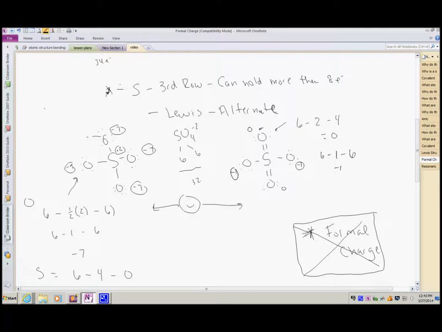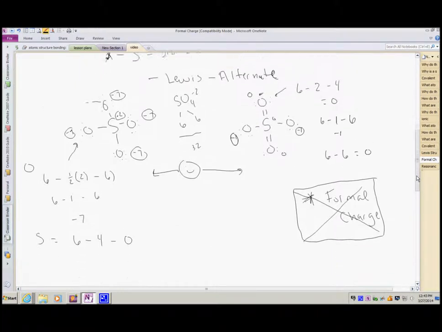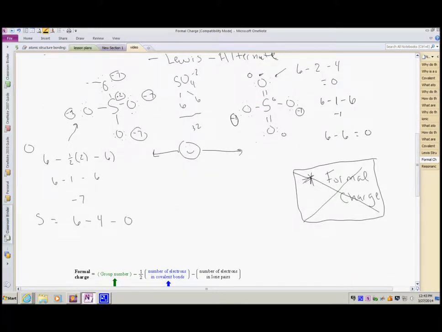And here we have sulfur, which would be the number 6 minus the 2, 4, 6 bonds, and then it would be again 0. So we have much lower formal charges. Therefore, we have this sulfur with a double bond on one side and a double bond on the other, with formal charges of 0. And then we have a single bond one way, with 1, 2, 3, 4, 5, 6 electrons.